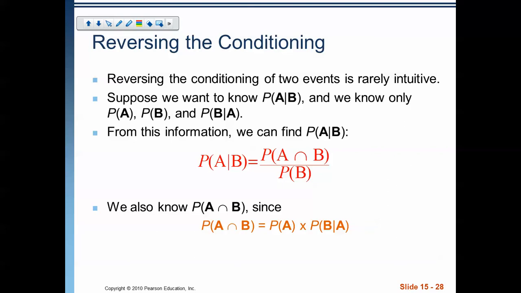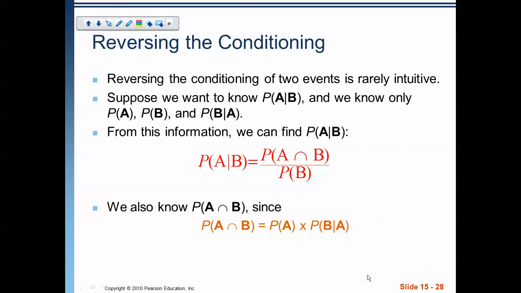Super important. Okay, so let's talk about reversing the condition. Reversing the condition simply means this. We want to know P of A given B, right? What is the probability of event A given B?